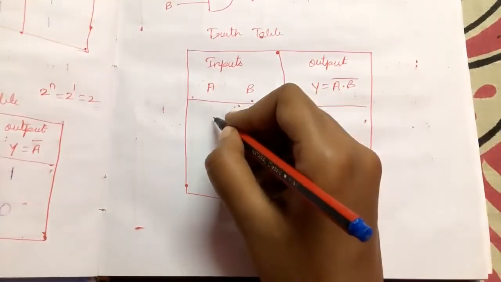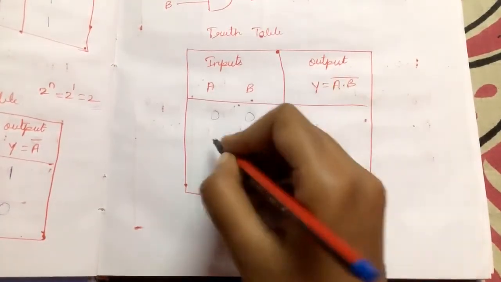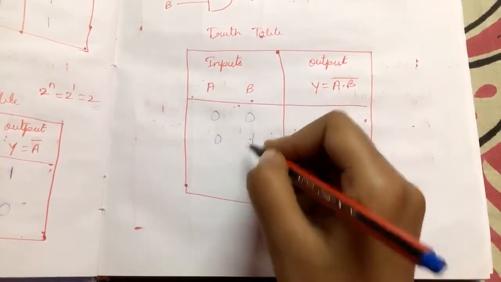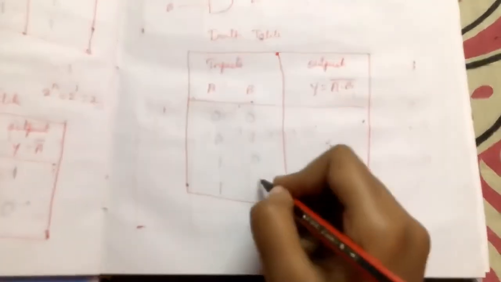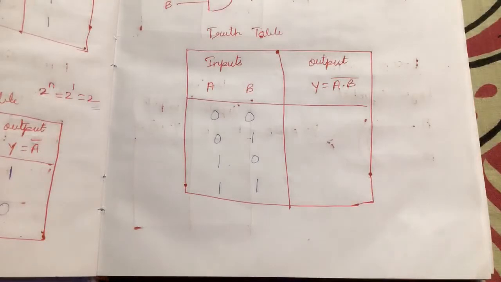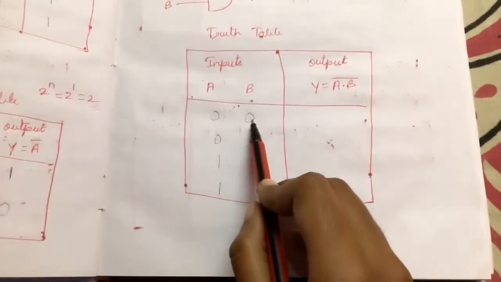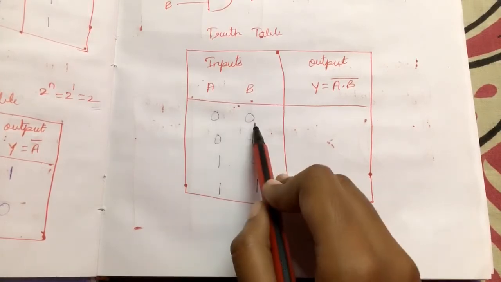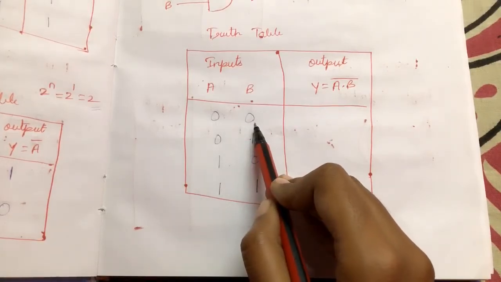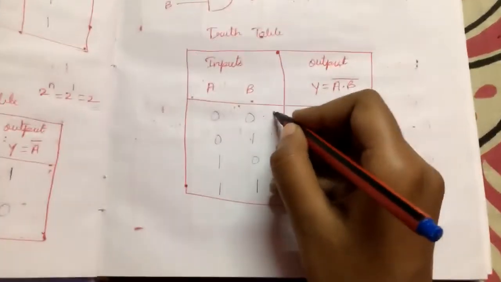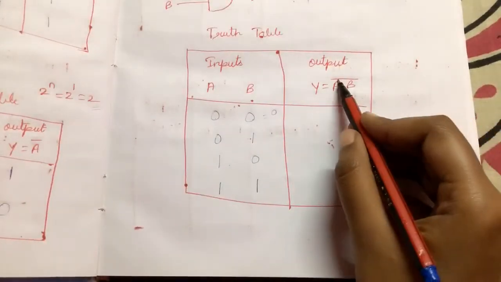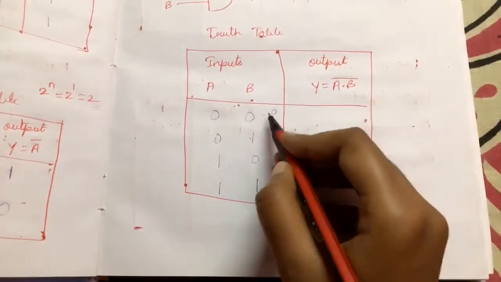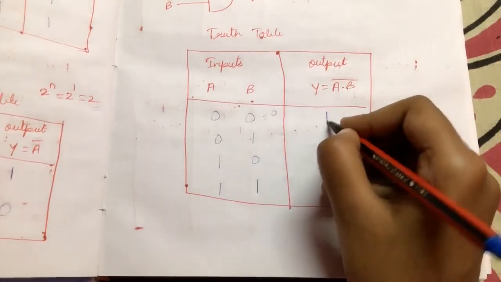In the same way we are taking the 4 combinations: 0 0, 0 1, 1 0 and 1 1. So here we will see this. A into B, 0 into 0 we will be getting as 0. So the output for this is 0. Now we are going to do the complement of this. So complement of 0 is 1.